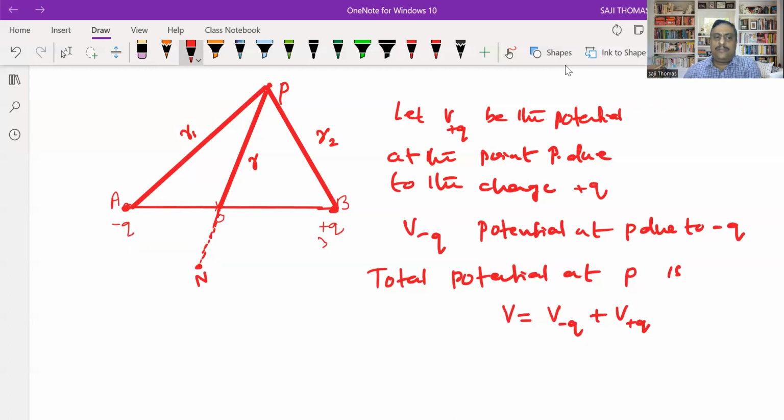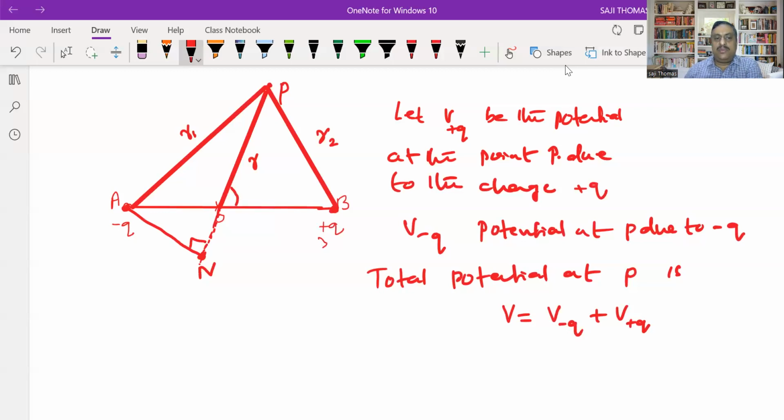Now you drop a perpendicular from A to N. This angle will be 90 degrees.